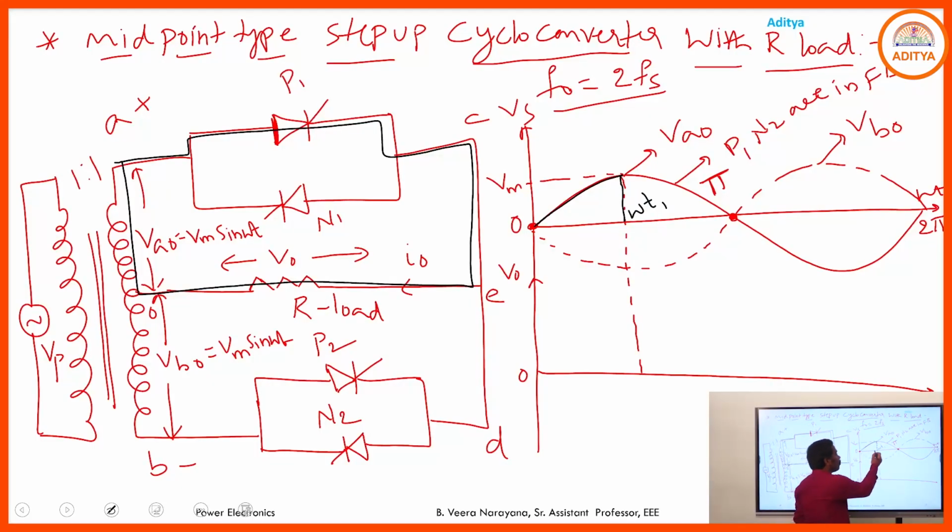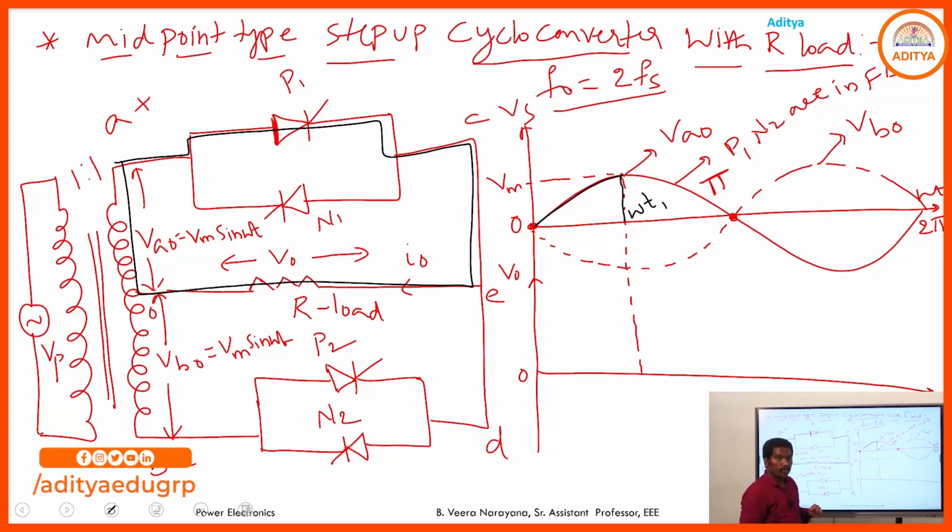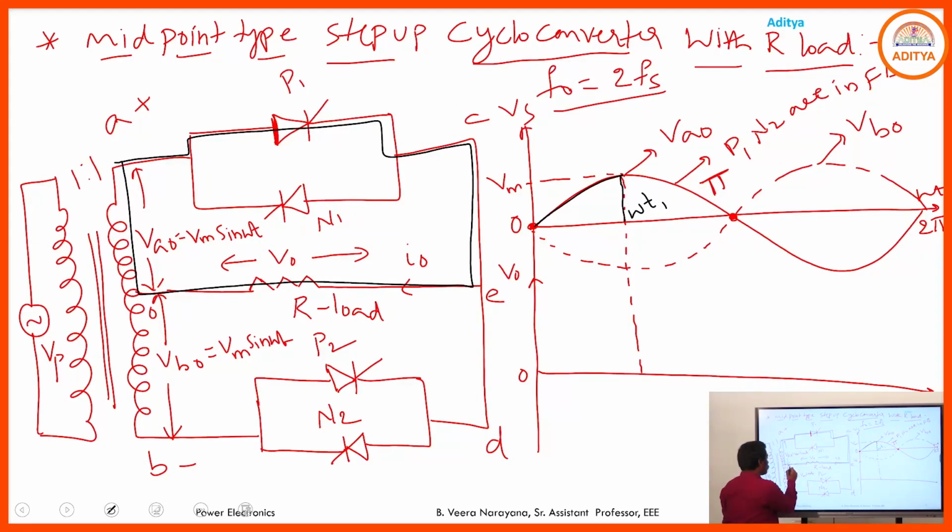After omega T1, what is your requirement? Negative output voltage. What is the negative group here? During the positive source voltage, the negative group, N2, comes to the forward biasing mode. So we provide the gate pulse to N2, and N2 comes to the on state. If N2 is in the on state, what is the current flow through the circuit? From O plus, R, E, D, N2, B minus, and like this.